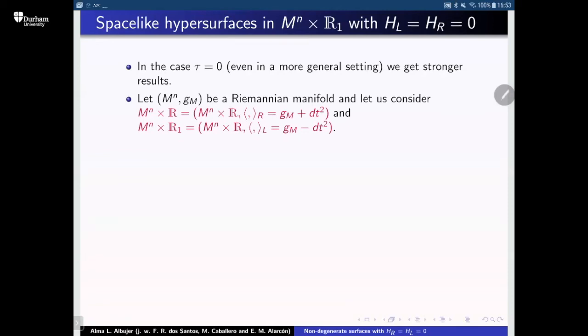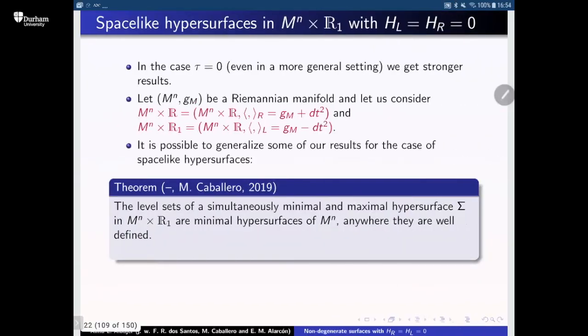So we'll consider Mn, any Riemannian manifold, and we can construct the Riemannian and the Lorentzian product space in that way, where the factor R can be space-like in the case of the Riemannian product space, or time-like in the case of the Lorentzian one.